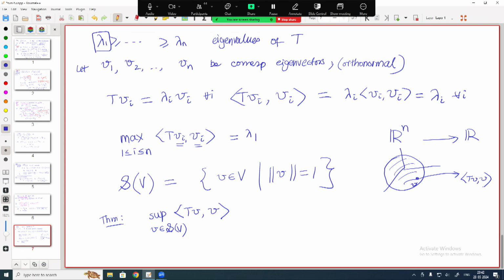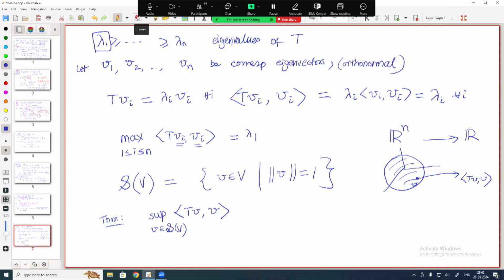So let us recall a little bit of topology here. The unit sphere is a compact set in Rn and here is a continuous function on it. This function Tv comma V will turn out to be continuous, because T is a linear function and you are taking an inner product. You can actually write a formula for it, a very simple quadratic polynomial, in the exercise. So here is a continuous function on a compact set.